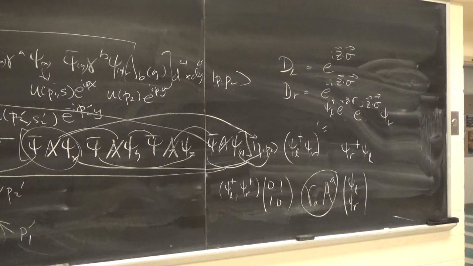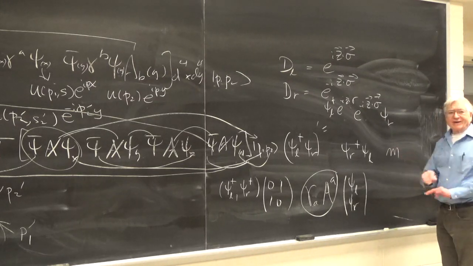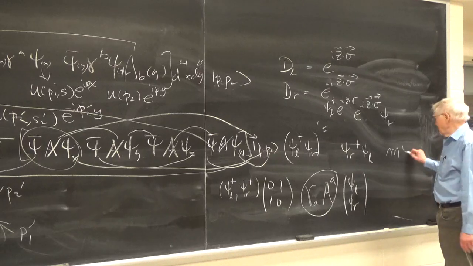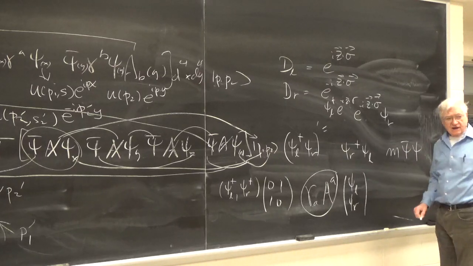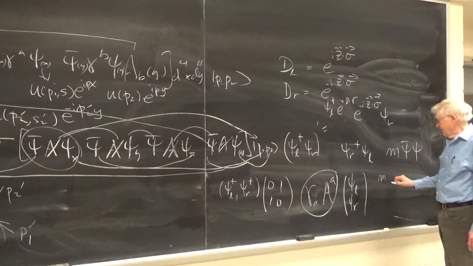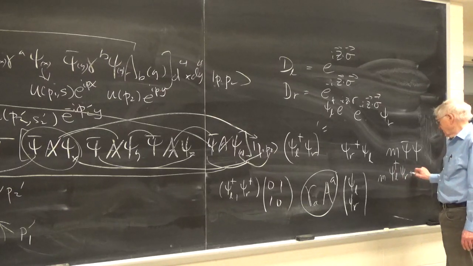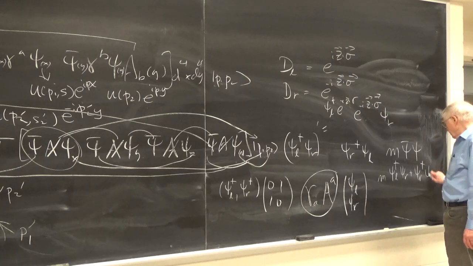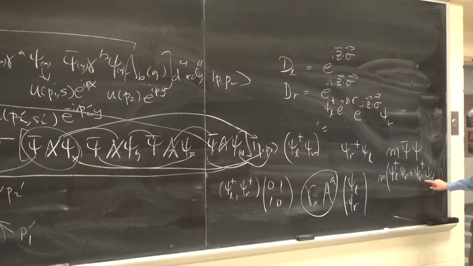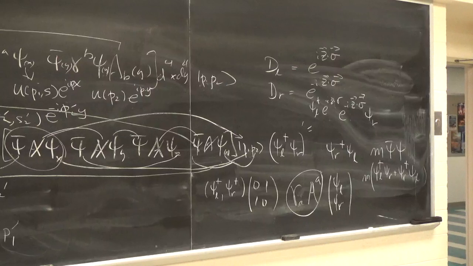So that's why this works, and correspondingly a mass term, an ordinary Dirac mass term, is m psi bar psi. So it's just m times psi left dagger psi right plus psi right dagger psi left, and both of these guys are Lorentz invariant, and m, of course, is just a number. So that's why this thing works that way.